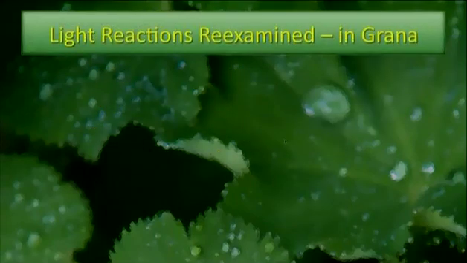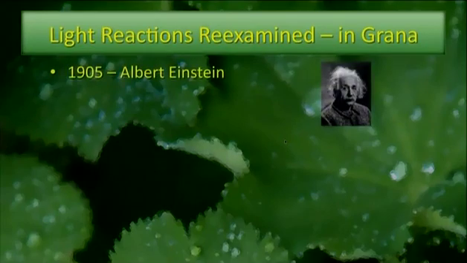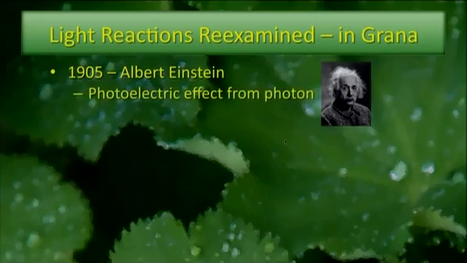Now we're going to look again at the light reactions in greater detail. Remember, they happen in the grana of the chloroplast. In 1905, Albert Einstein stated that the photoelectric effect came from the action of a photon. So what is the photoelectric effect?